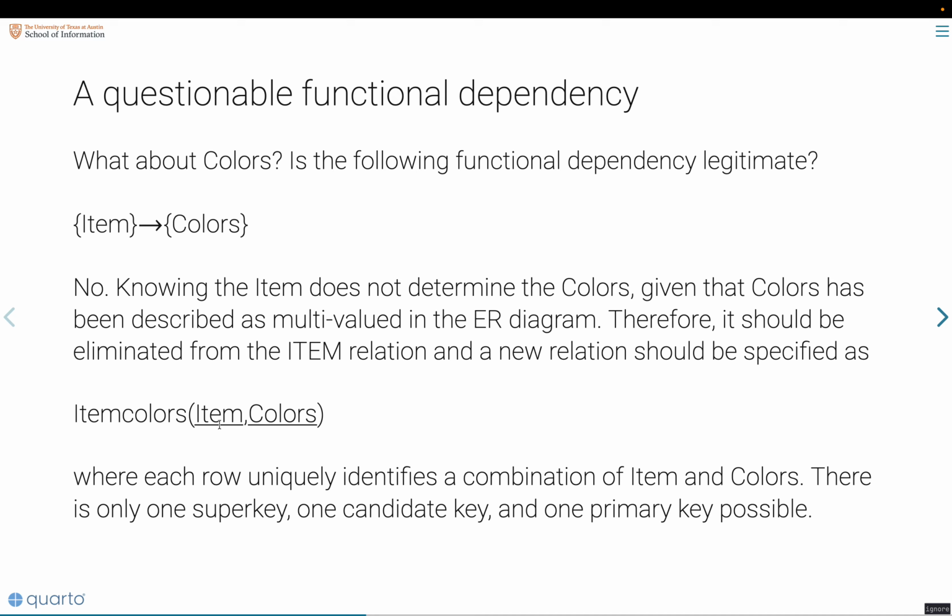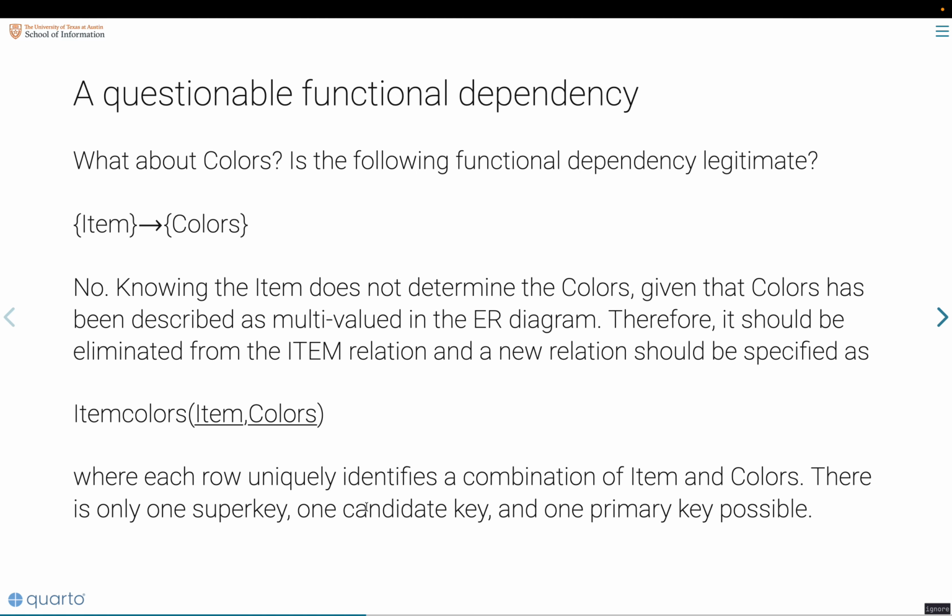Item is the identifier, and colors is part of a concatenated primary key, and every row uniquely identifies a combination of item and colors.